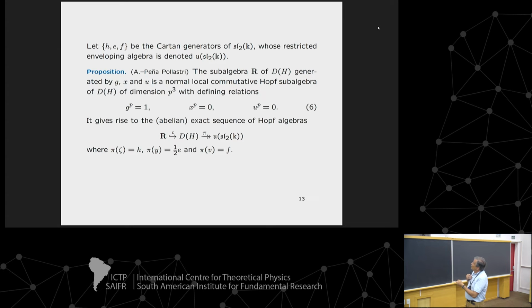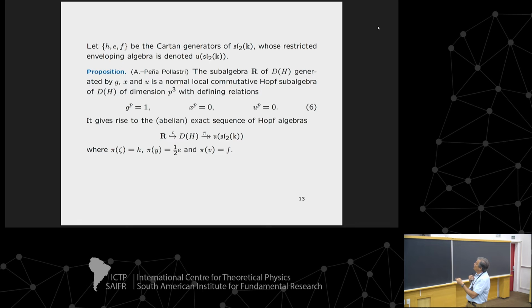And we have proved the following. Suppose that you take the subalgebra R of D of H. Remember, D of H had generators g, x, y, u, v, zeta. Then take R, the subalgebra generated by g, x, and y. This is a normal Hopf subalgebra.